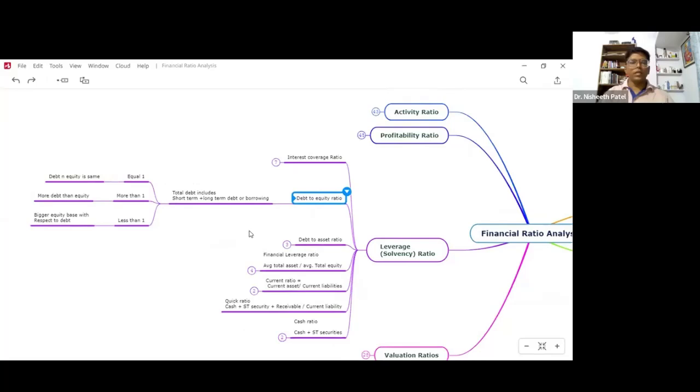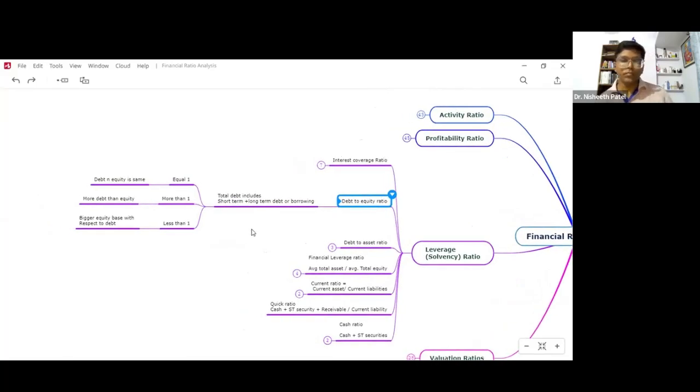Now debt to equity ratio is total debt, which includes short term debt and long term debt or borrowings, as against the equity of the company. If it is equal to 1, it means that the company has debt and equity the same.